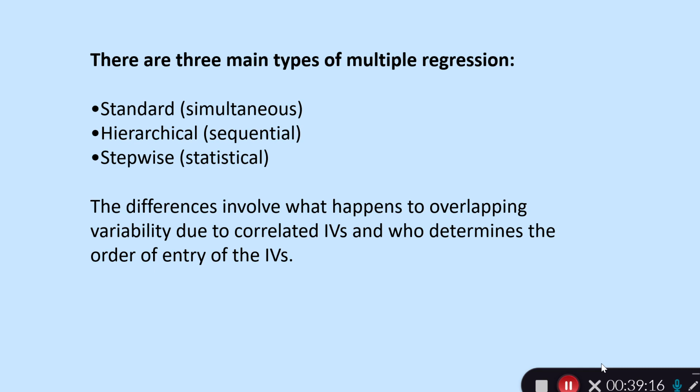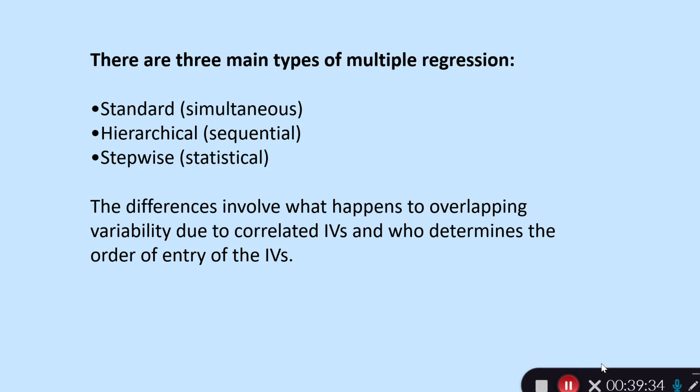The differences influence what happens to the overlapping variability due to the correlation between the IVs. And the methods differ in who decides the order of entry of independent variables into the analysis.